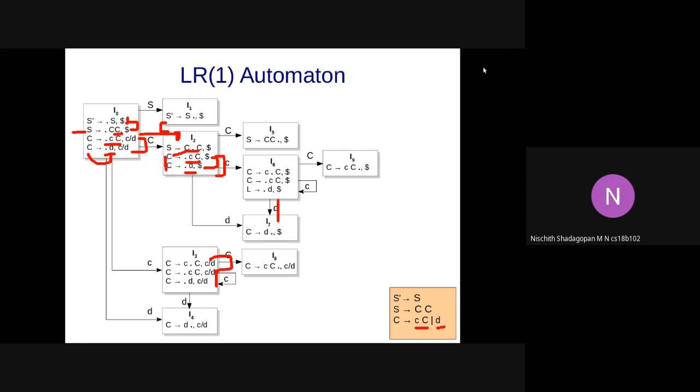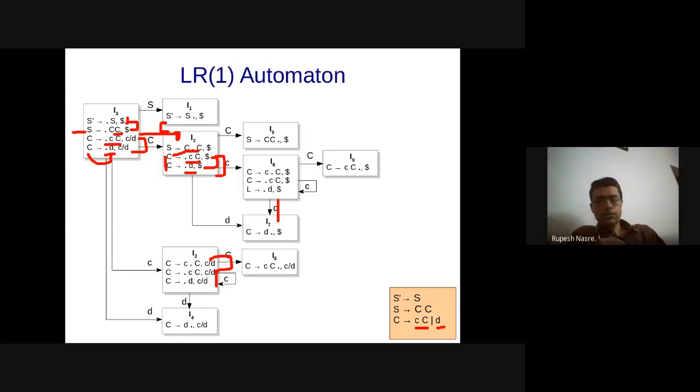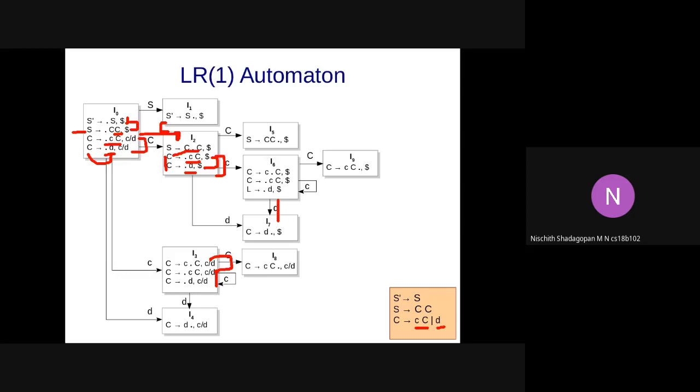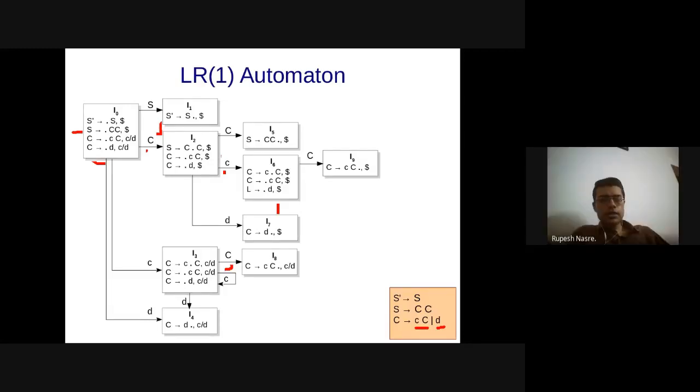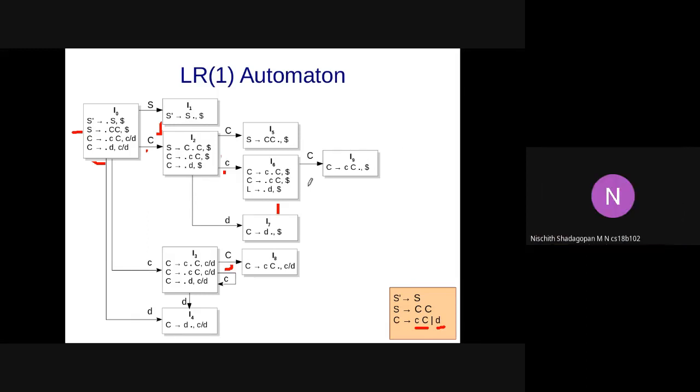Sir, we had got follow of S as dollar comma equal to. But I think that equal to should not be there in follow of S. Let me go back. Yeah, others can log out if they have other class. I think it's a little slow.